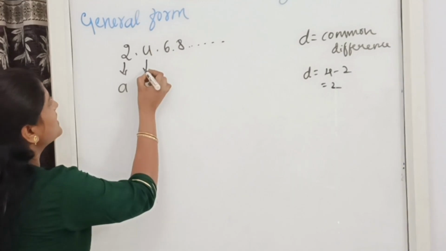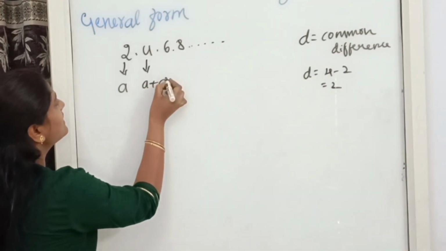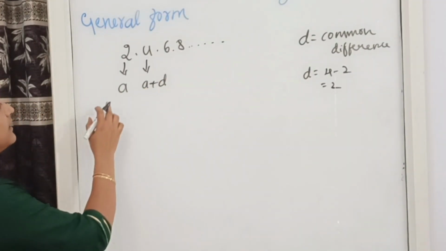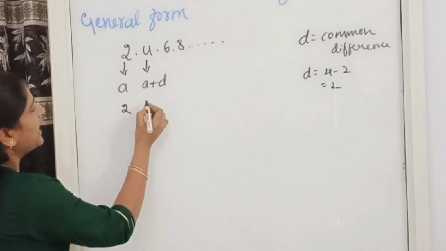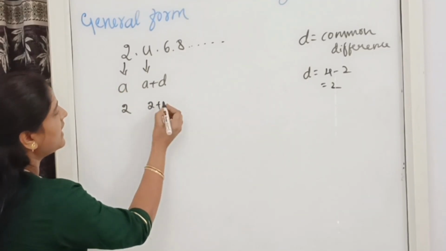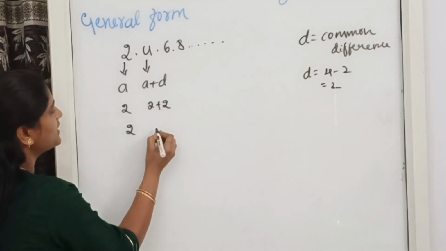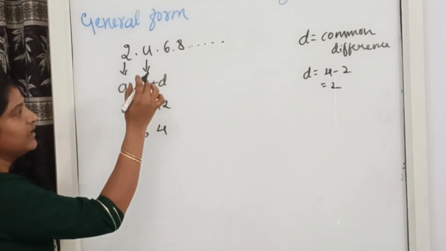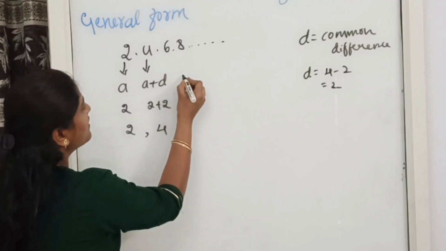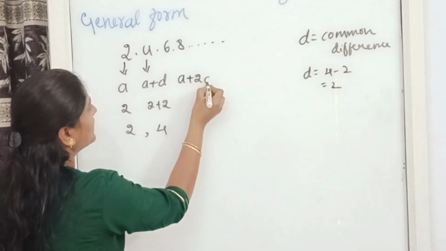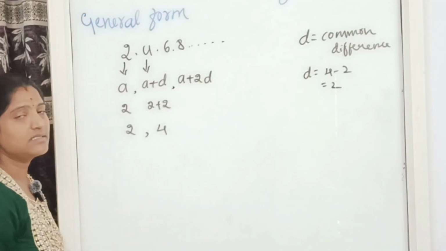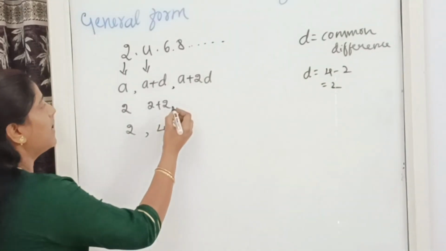So the second term is represented by A plus D, is it not? A is 2. If A is 2, the common difference I got is 2. Then 2 plus 2 is 4. I got the same, right? What about the third term? The third term we can call A plus 2D. So how?